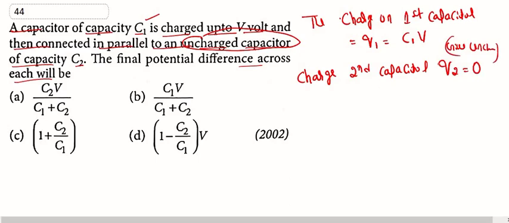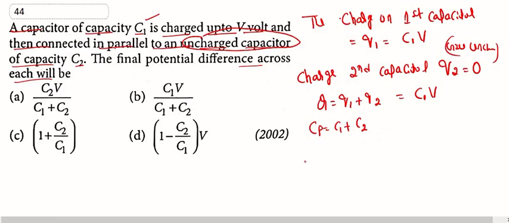Then total charge Q is equal to Q1 plus Q2, that is C1V. The capacitors are connected in parallel, so CP is equal to C1 plus C2. So the common potential difference.